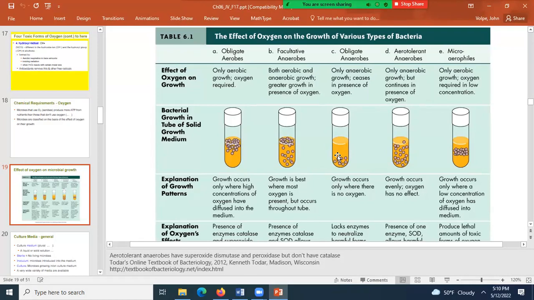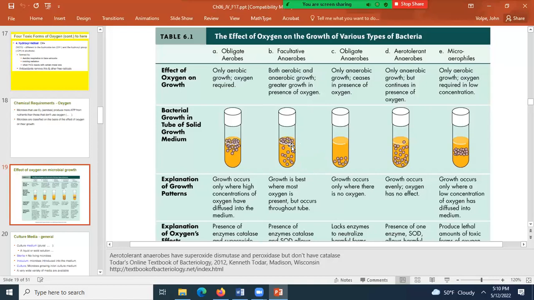There are also organisms which we call facultative anaerobes, and they can grow in the presence of oxygen, and they can grow in the absence of oxygen. So you'll see the growth everywhere in the tube.